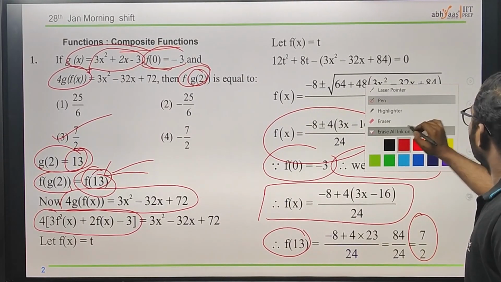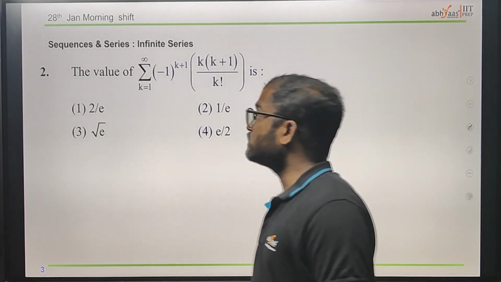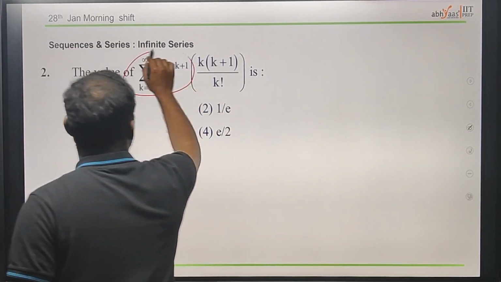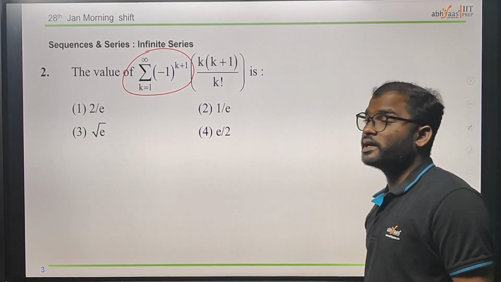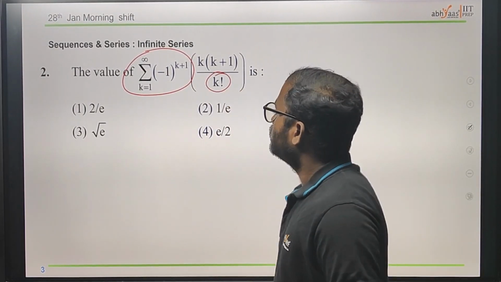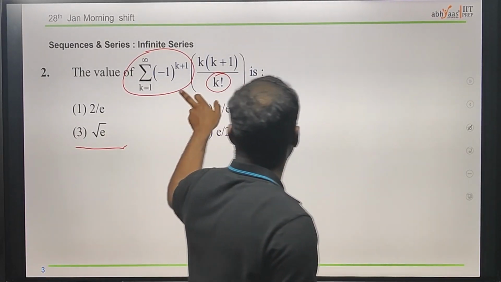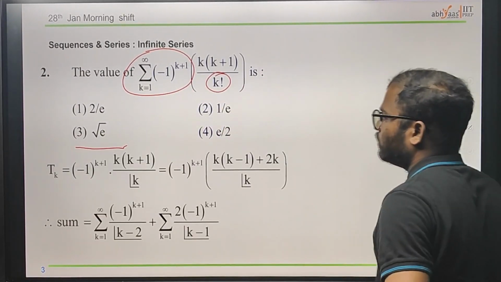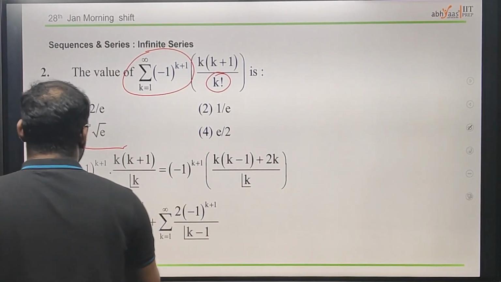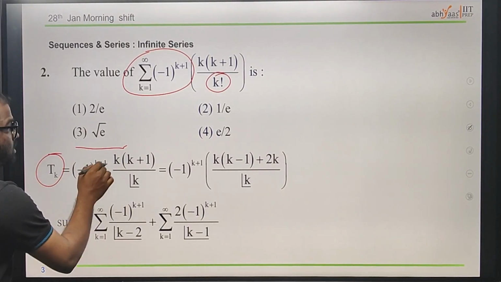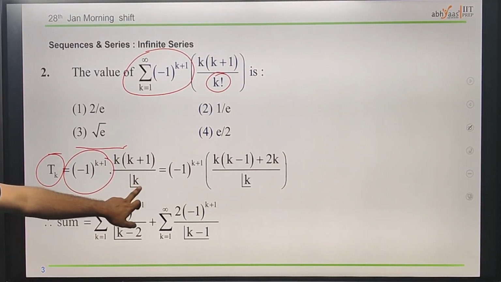Next, we have a question on sequence and series, which is the summation of minus 1 power k plus 1 into k plus 1 by k factorial, which is 2 by e, as per the given options. We use the general term. Take t_k as minus 1 power k plus 1 into k plus 1 by k factorial.